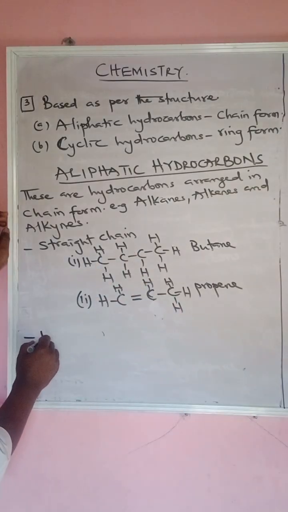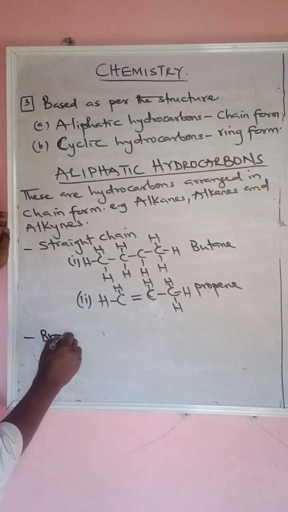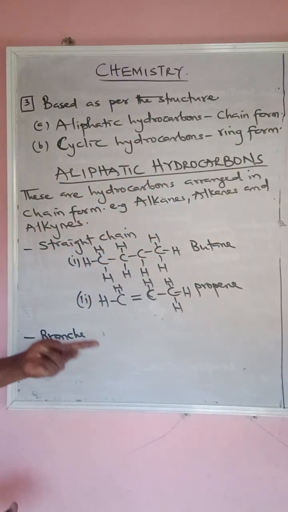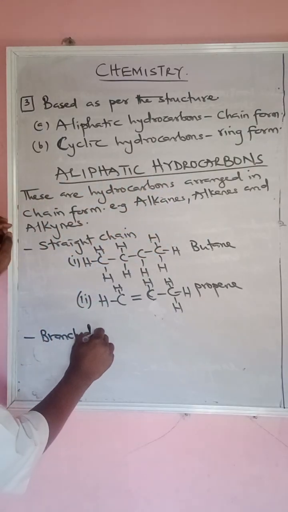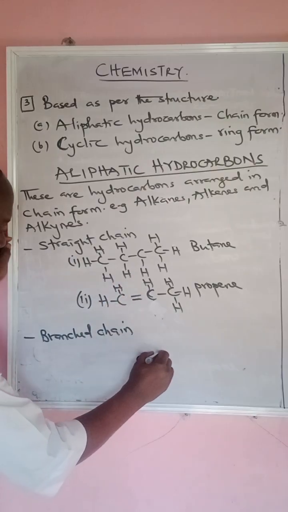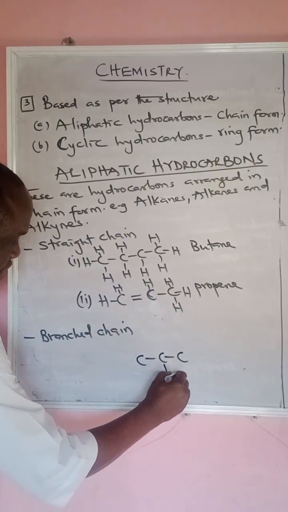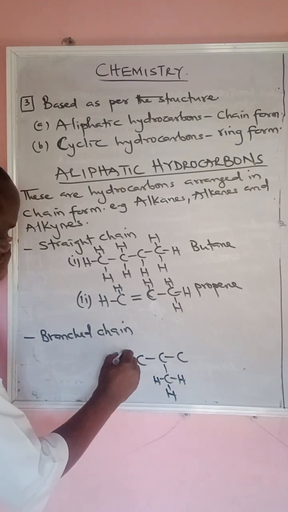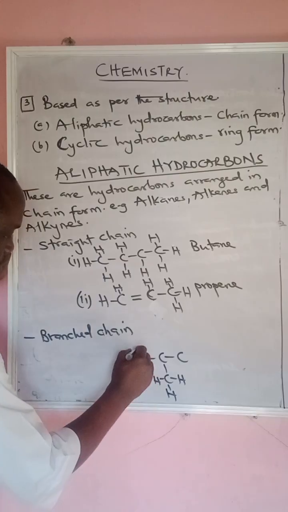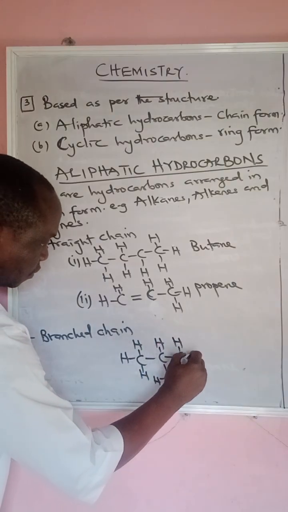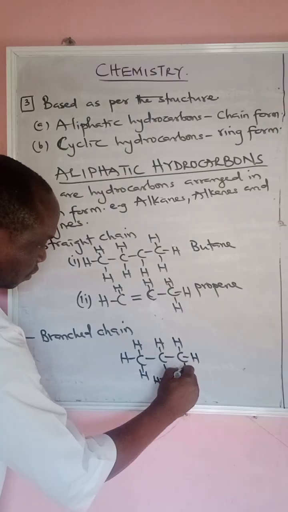So let's consider branched. Aliphatic will be in straight chain or branching. Let me just give you an example like 1, 2, 3, something like this, which we have done.